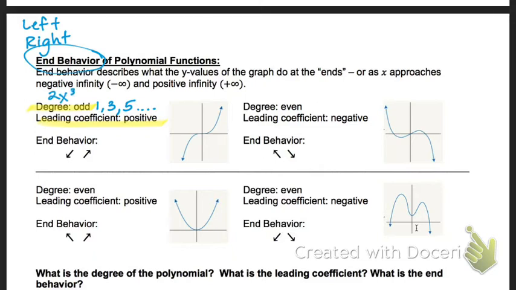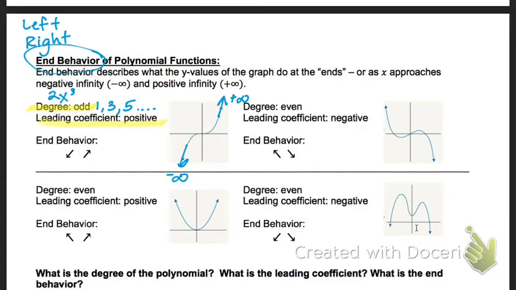Your leading coefficient must be positive, and your degree must be odd. Then to the left, it's going to be going to negative infinity. To the right, it's going to be going to positive infinity.